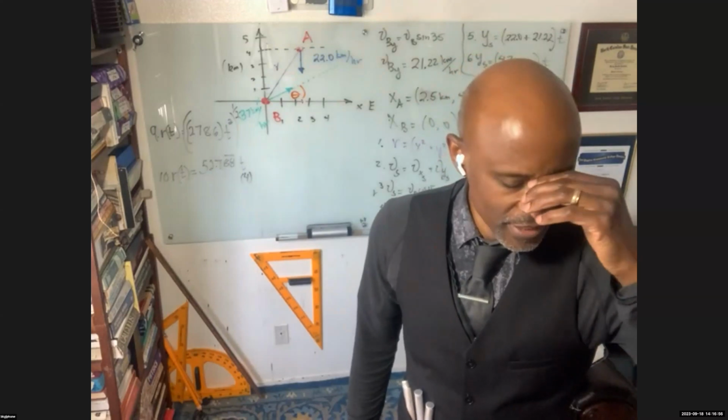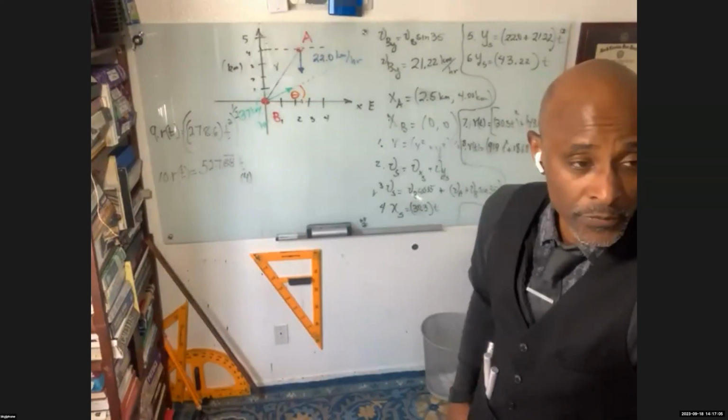What's the question? What does it ask again? This is the part that I'm having a problem with. So that's the thing. Let me bring it back up for you. Let me share my screen, okay? It's asking for the time when the separation between the ships is the least. So it asks us at what time is the separation between the ships the least, and so the minimum of the function, and then it asks what is the least separation.